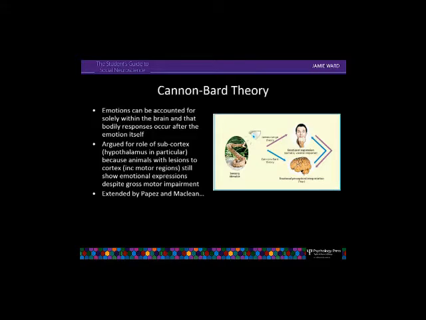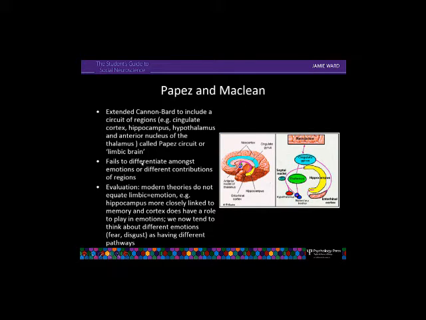It was based around lesion studies. The hypothalamus is important for some aspects of emotions, but it certainly isn't the core aspect of it. There are plenty of other regions involved. But the model that came off the back of Cannon-Bard was centered on the idea that the subcortex is the origin of emotions.